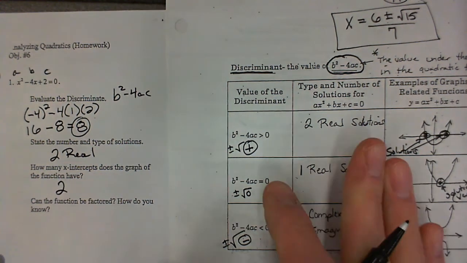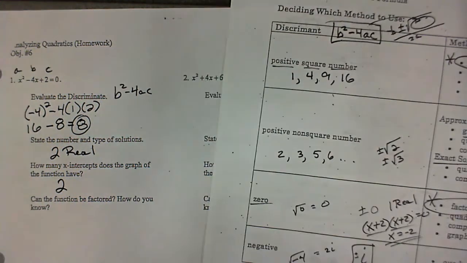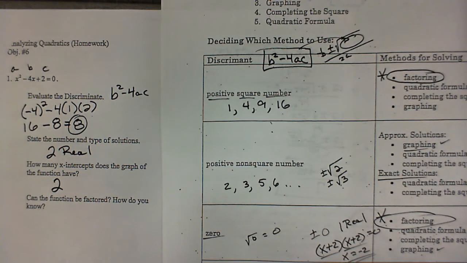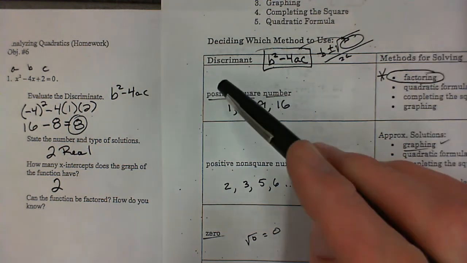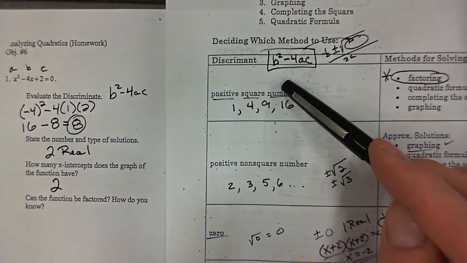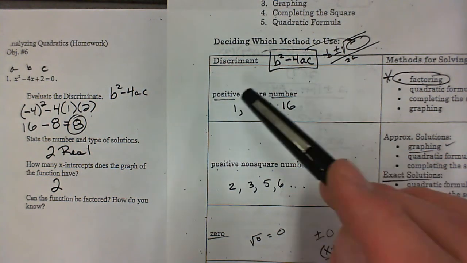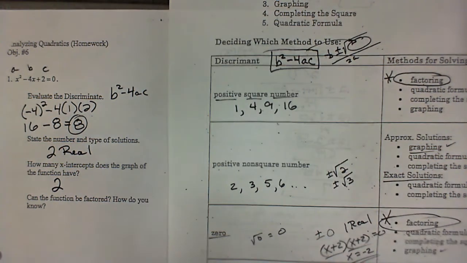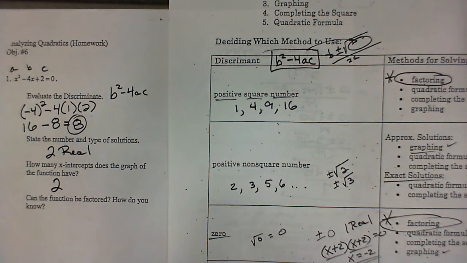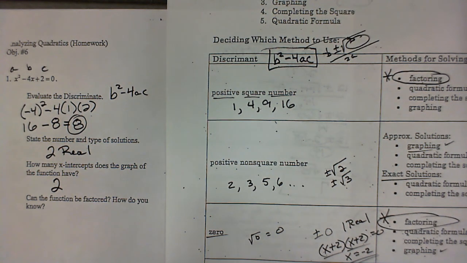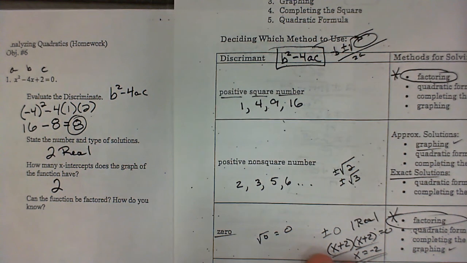Can it be factored? Well, to check the factoring, recall on the other side here, it can be factored as long as we have a positive square number. Do we have a positive square number? It's positive, but 8's not a square number. So we don't have a square number. And the other time it can be factored is if the discriminant is 0. Neither of those happen.